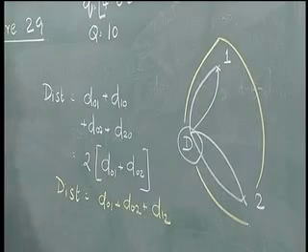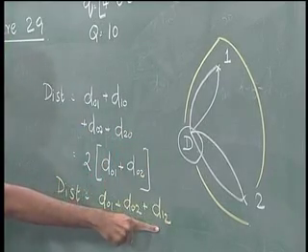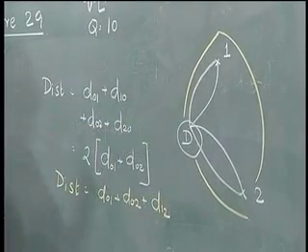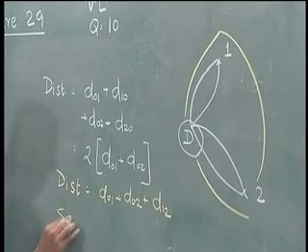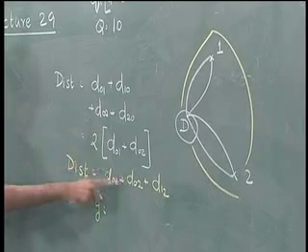Now, if it turns out that this is higher and this is lower, then by combining these two we save some distance. So, we call the saving this minus this.